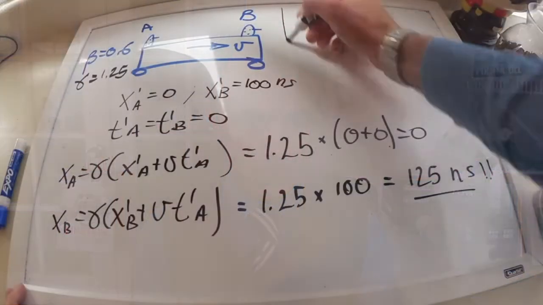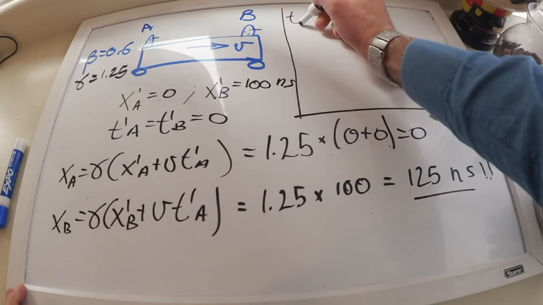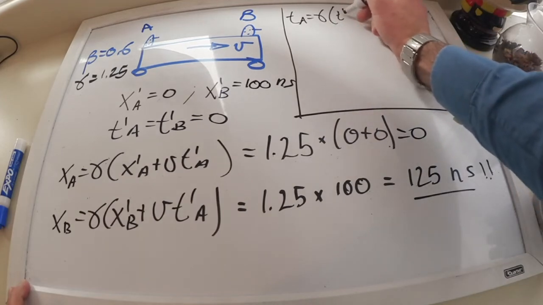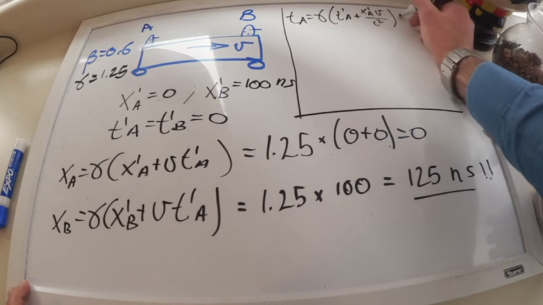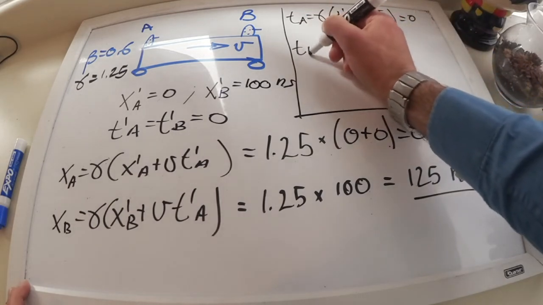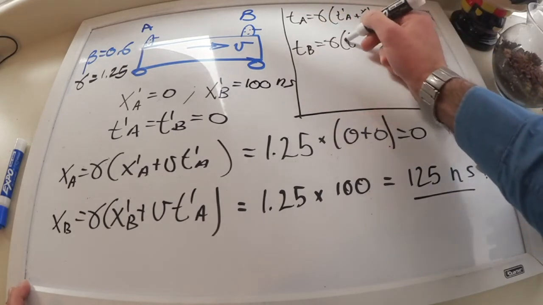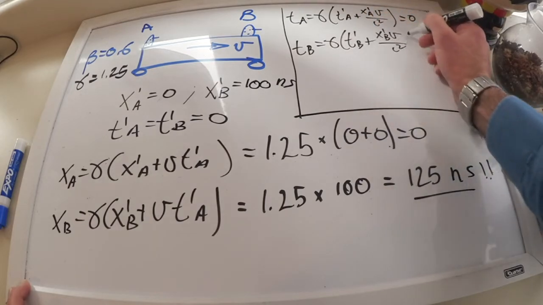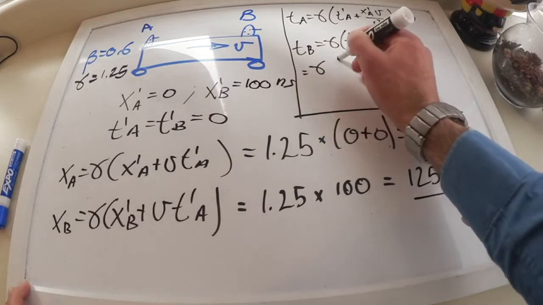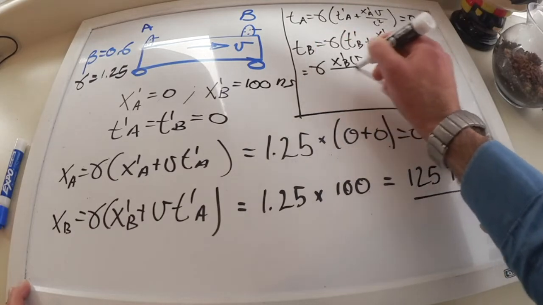Well, let's complete. To use Lorentz transformation equations, let's calculate the times tA and tB as seen from the tunnel reference frame. tA is equal to gamma times t prime A plus x prime A times v over c squared, which is 0, and tB is equal to gamma times t prime B plus x prime B times v over c squared, which is gamma times x prime over c times v over c.